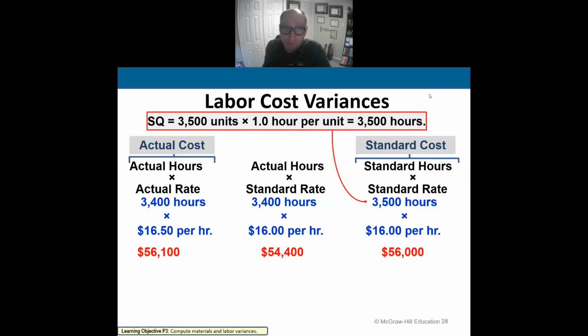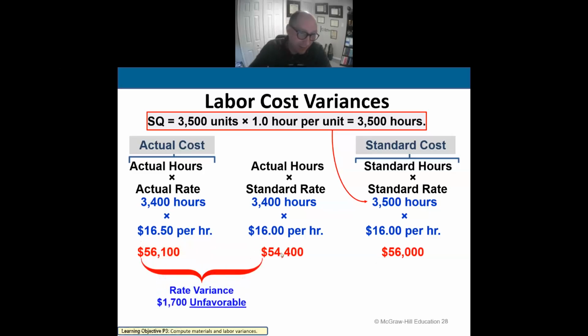Actual hours times the standard rate, 3,400 times $16, is 54,400. The standard cost, which is the budget amount, is 3,500 hours at $16 per hour, 56,000. So I can already see, even without doing the computation, it might be unfavorable by about $100, right?